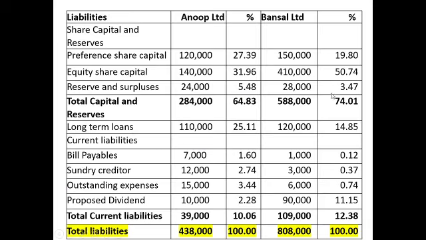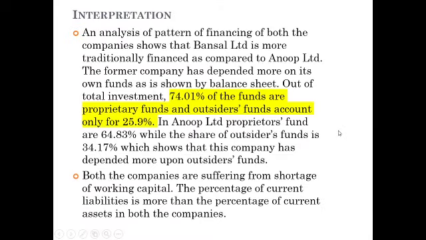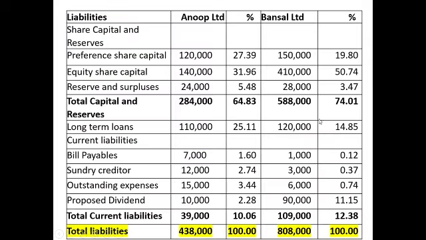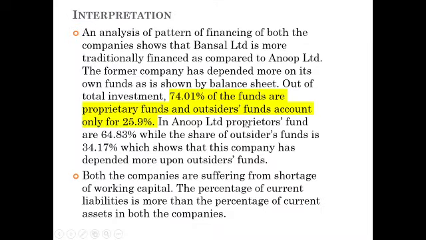So Bansal Limited is having 74 percentage of equity and only 14 percentage of debt capital. But in the case of Anup Limited, they are having only 64 percentage of equity and 25 percentage of loan. So that is the first observation.